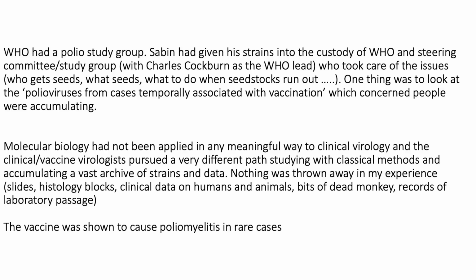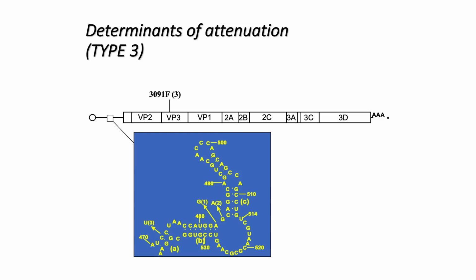For what it's worth, the vaccine was shown to cause poliomyelitis very clearly. Again, Albert Sabin didn't like it very much, but there we are. By doing the mix and match experiments, looking at virulent strains and attenuated strains, what Jeff Armand and I did together was sort out a bit of type 3, which showed a determinant of attenuation in the 5' non-coding region at residue 472, which you've just heard about, and another one in VP3 at position 91, which was a phenylalanine in the Sabin strain.